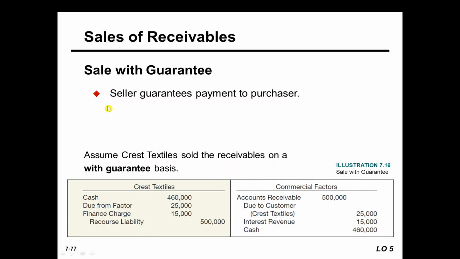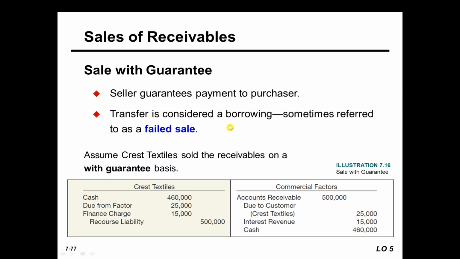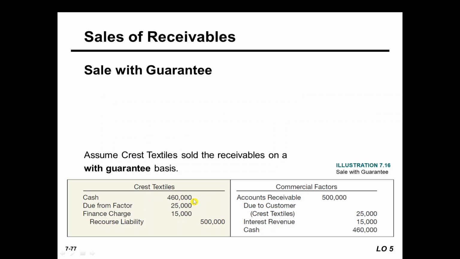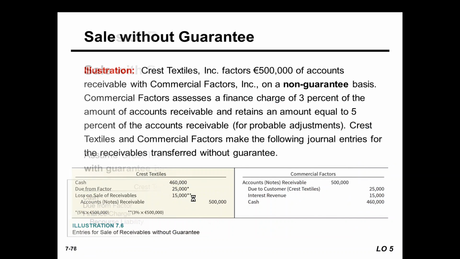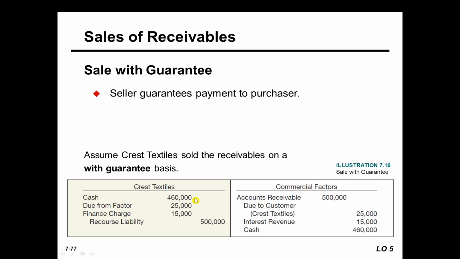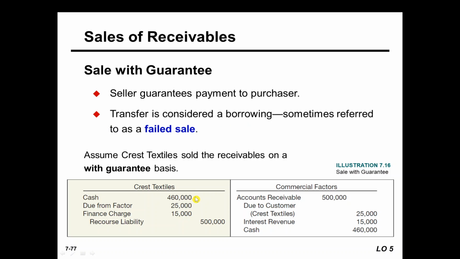It means that the seller guarantees payment to the purchaser, and the transfer is considered a borrowing, sometimes also referred to as a failed sale, or a sale that has not happened. So you look at here, the cash is the same as sales without guarantee, it's 460.